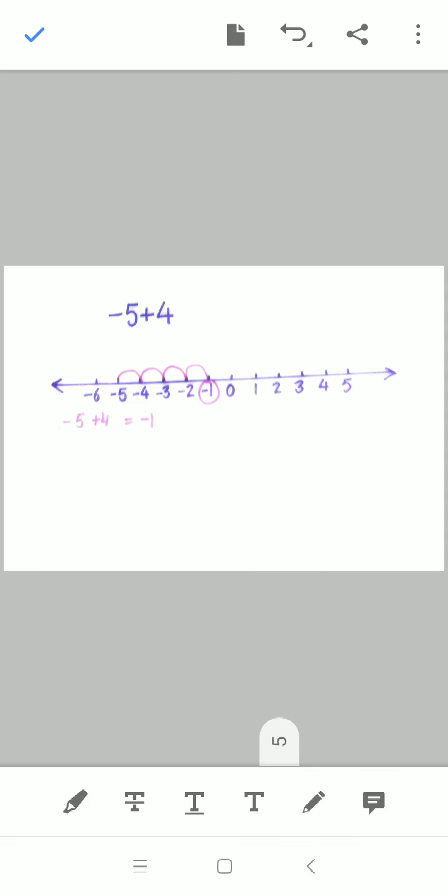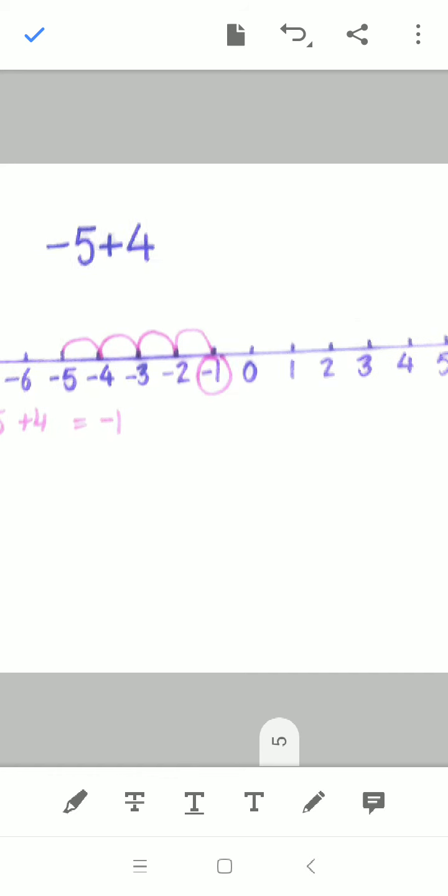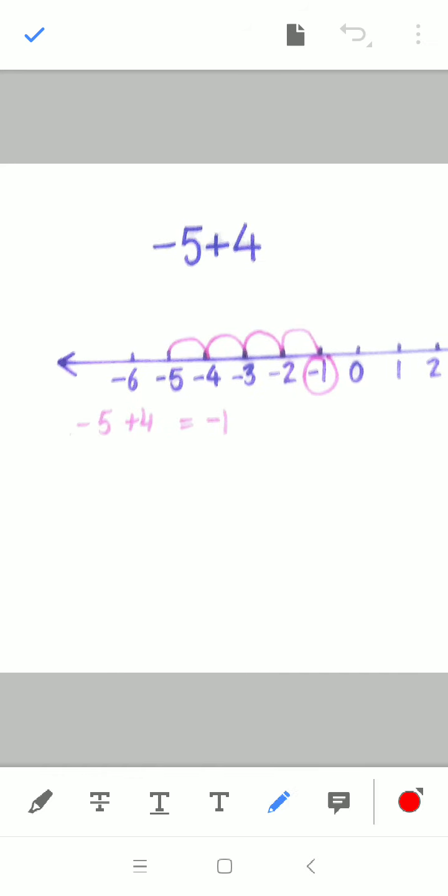Let us see the next one, -5 plus 4. First is -5. So we have drawn a number line and we directly went to -5. And it is plus 4, which means we need to move to the right from -5.